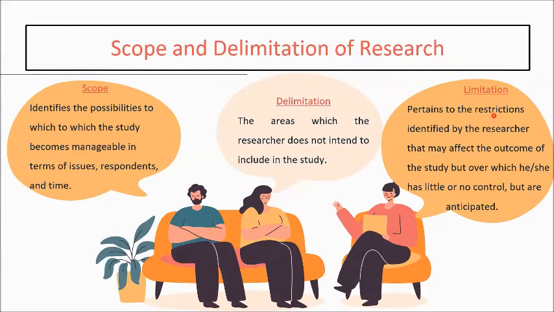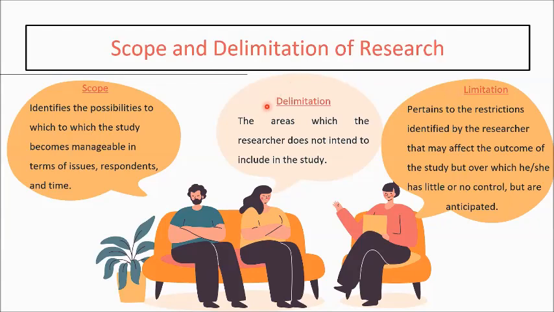Again, restrictions identified by the researcher that may affect the outcome of the study, but over which he or she has little or no control, but are anticipated. When we say limitations, sila yung mga restrictions na pwedeng maka-apekto sa research natin. But as a researcher, we don't have control, but makaka-apekto sa research natin.